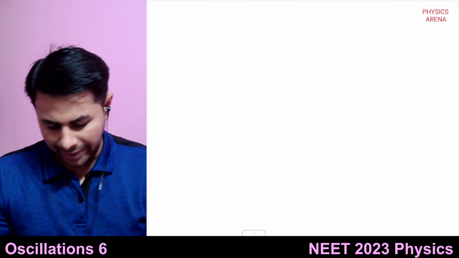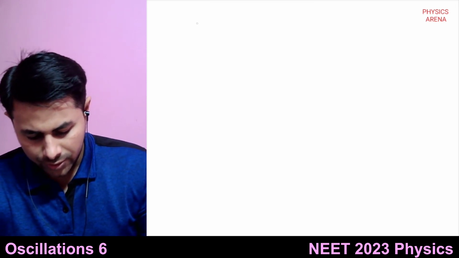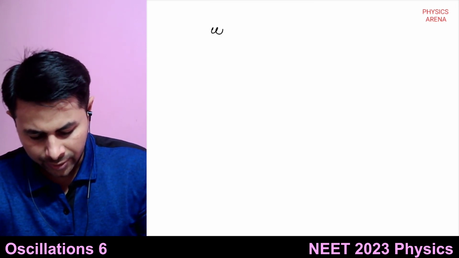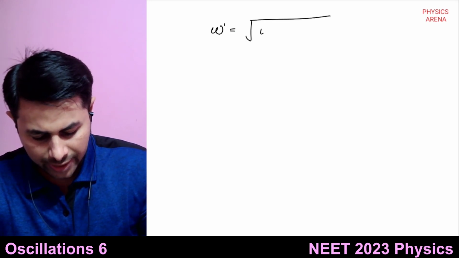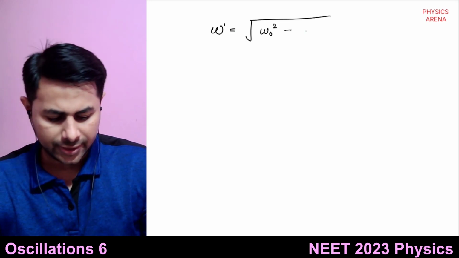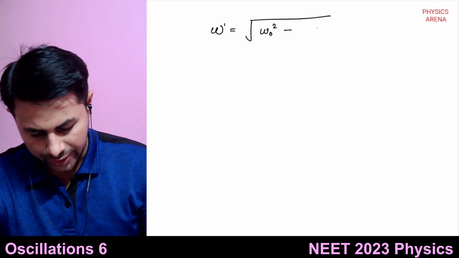Sometimes this is written as omega dash is equal to square root of omega 0 square minus gamma square.